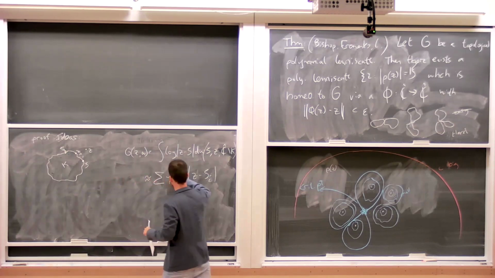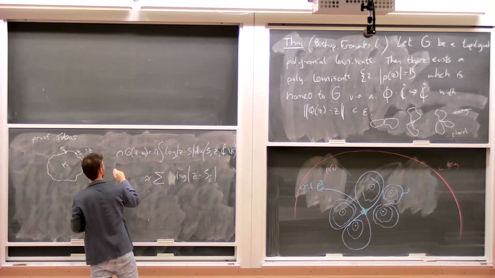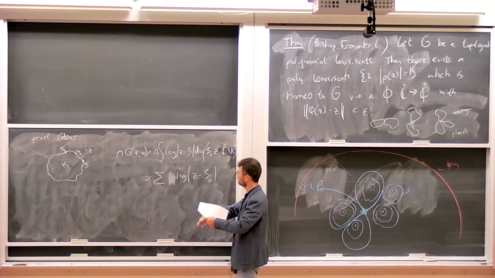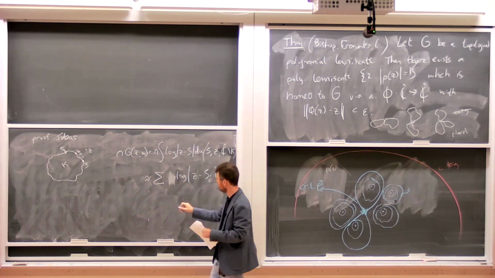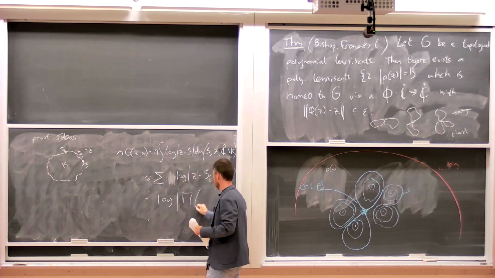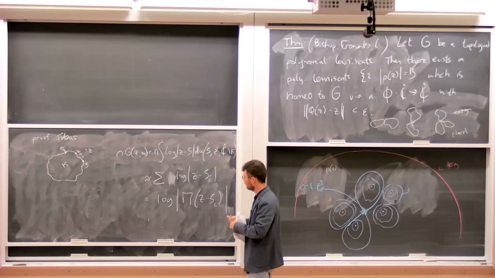Now, if we multiply this formula by n, n times the Green's function is this sum, and log of a plus log of b is log of ab, right? So this is log of the product of z minus zeta_i's, and this is a polynomial.